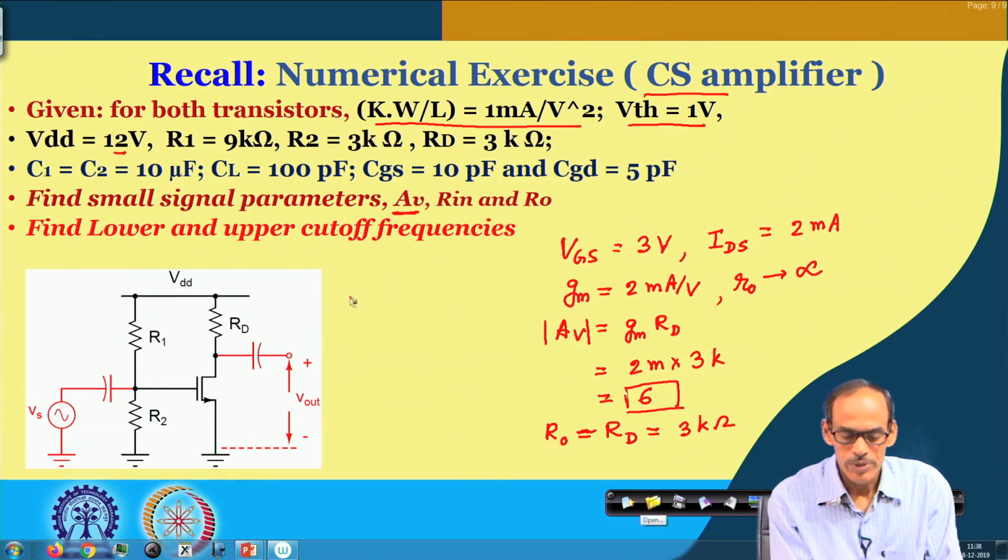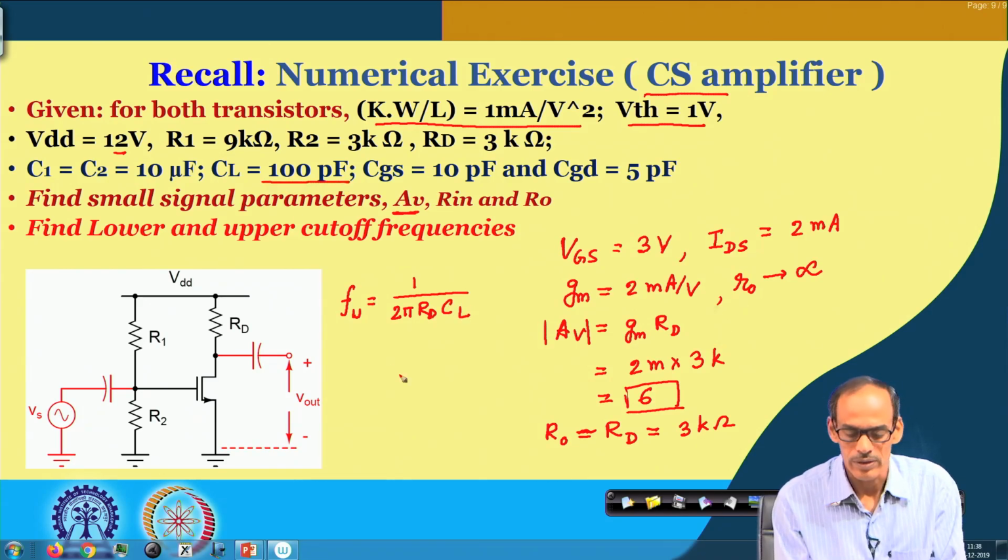So, the upper cutoff frequency for this case, fu, was 1 by 2 pi RD into the load capacitance of 100 picofarad.